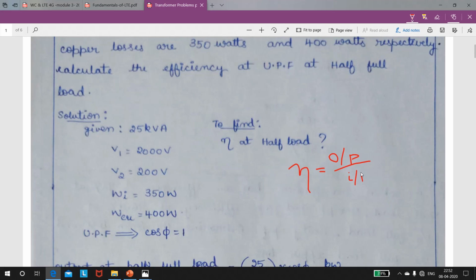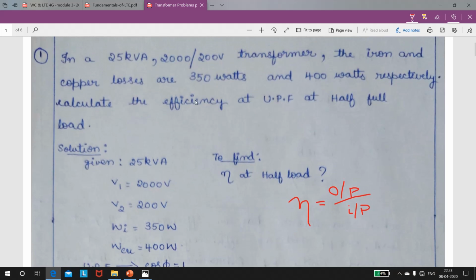Next, what is output? Here the output is already given as 25 kVA. Again, this output will also depend upon the type of the load. For full load it is 25 kVA. What about for the half load? Half load means only half of the load you are going to connect. That means 25 divided by 2.